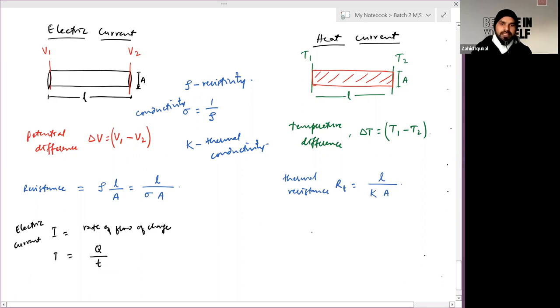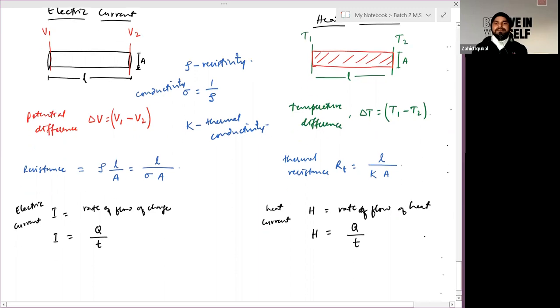Similarly, in terms of heat, we may define heat current, which is represented by H. So it should be rate of flow of heat. So it should be amount of heat flowing, which is represented by Q, divided by time taken, equal to H. Aisha, is it clear? Yes, sir.